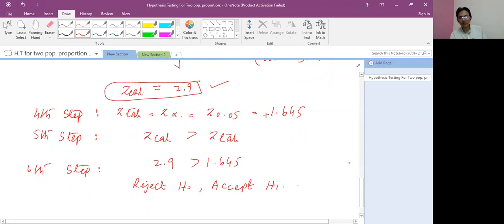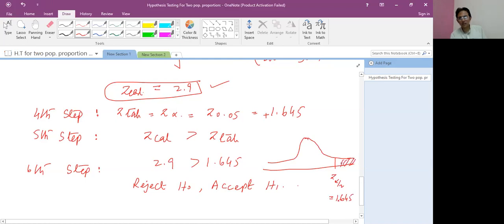So now we write a conclusion. First we consider a diagram. Right tail test. 1.645, student, is the tabulated value.